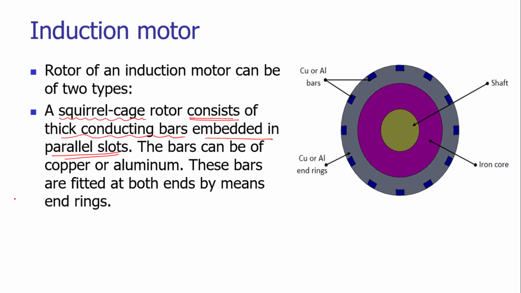The rotor body has parallel slots and we are embedding the thick conducting bars in those slots. The bars can be of copper or aluminum, which are very good conductors of electricity. At the ends, the bars are fitted by means of end rings.